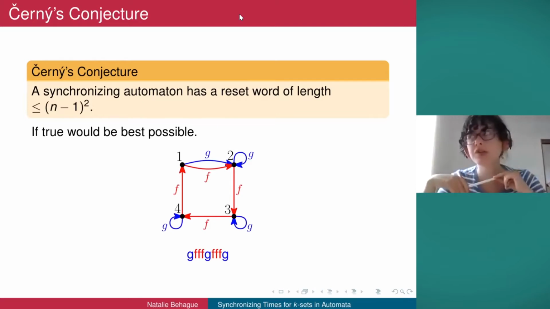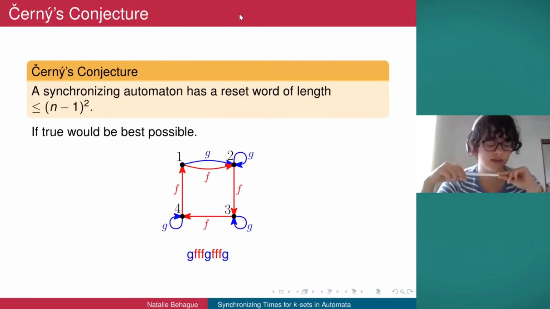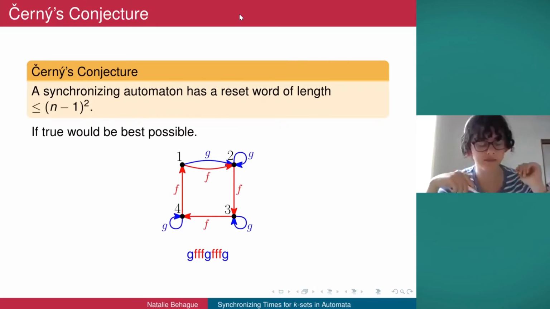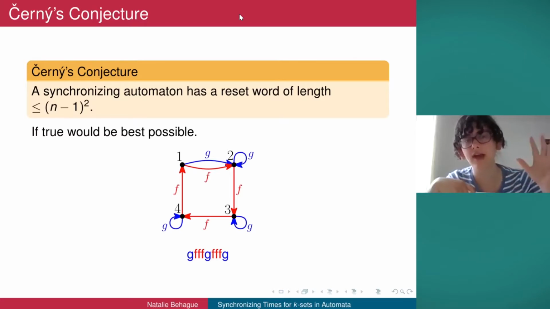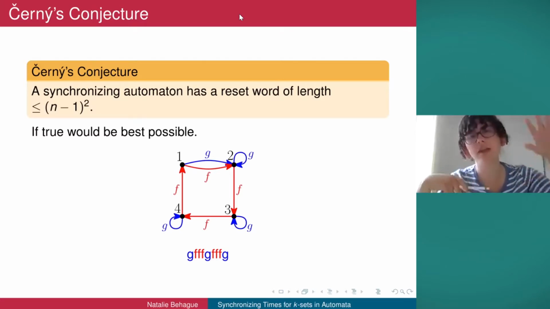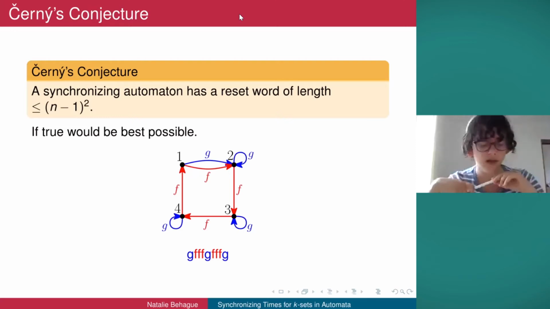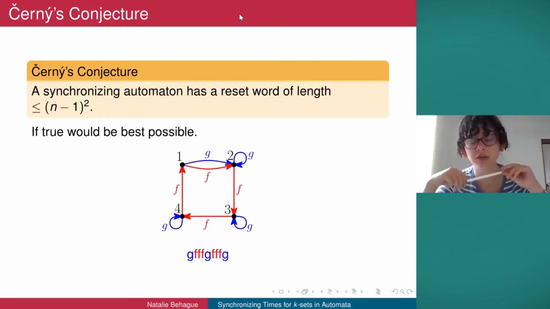And it's not too difficult to check that in the n-state version of this, a similar kind of word to G, F, F, F, G, F, F, F, G is a reset word. It's going to be something like G, then F, n-1 times, then G, then F, n-1 times, and so on. And that you can't find a reset word that is shorter. So this particular automaton has a reset word, but the shortest reset word has length (n-1) squared.